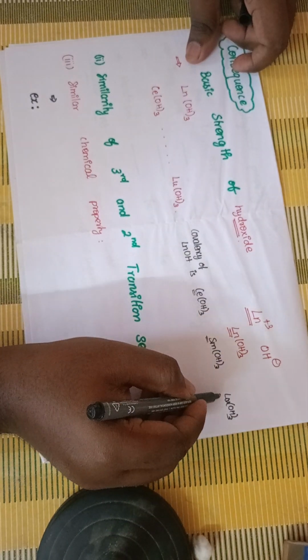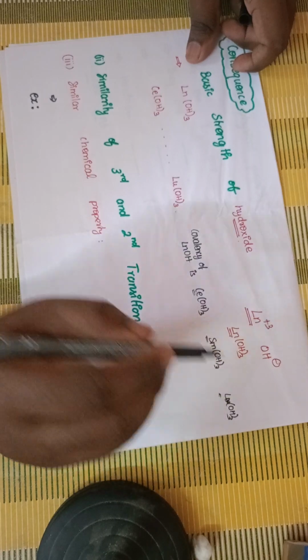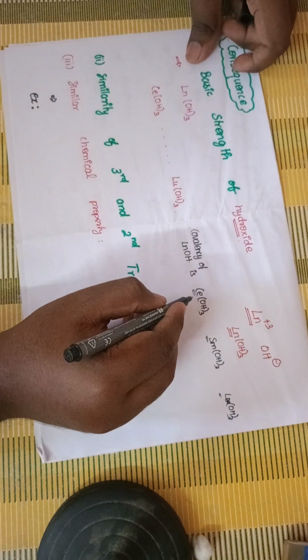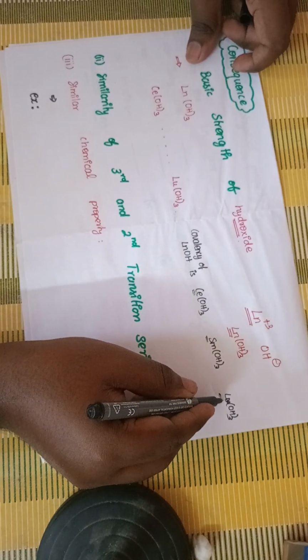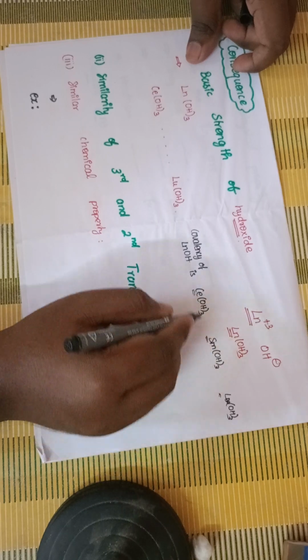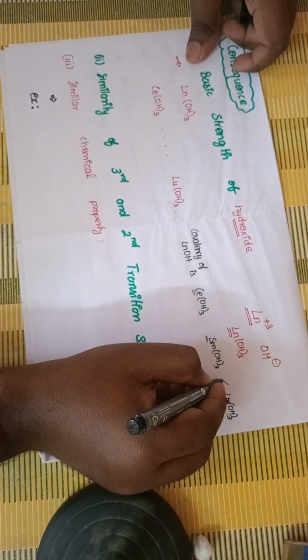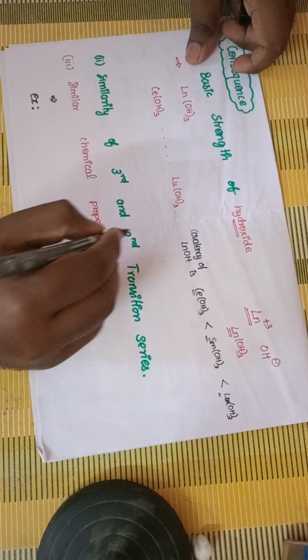Ce3+, Sm3+, Lu3+. On comparing the size, lutetium will be smaller, samarium somewhat larger, cerium larger. On comparing these three, covalency will be more, samarium will have higher covalency than cerium.